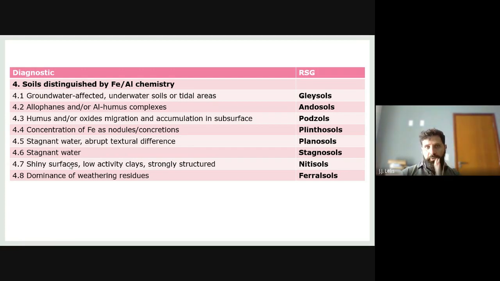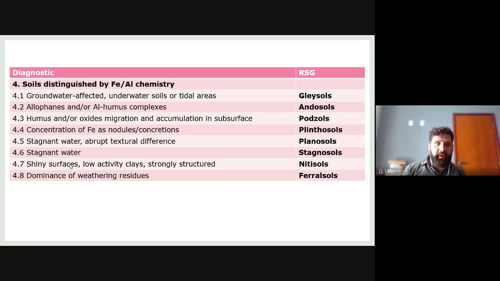So those soils that are influenced by the oscillation of water from the water table, or water from the sea, influence a lot the formation of these soils.